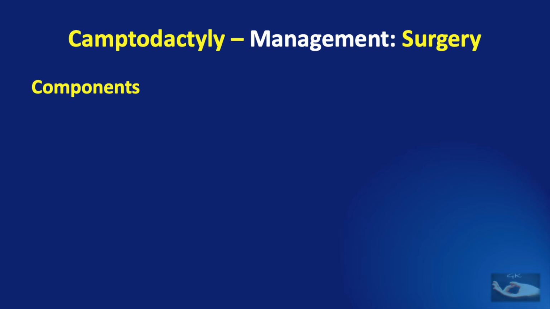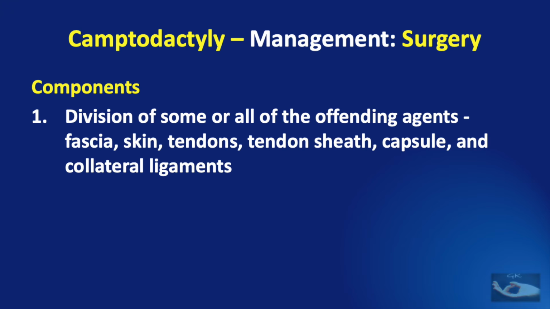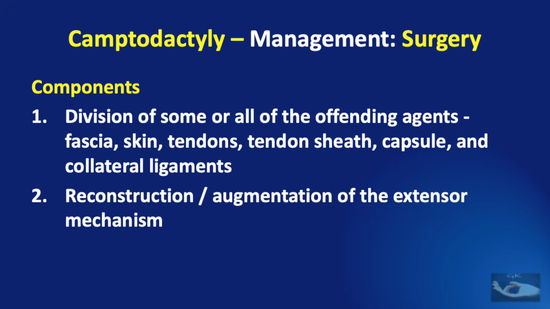Basically, there are three components for surgical management. The first is division of some or all of the offending agents, that is the fascia, skin, tendons, tendon sheath, capsule or collateral ligaments. Once these have been done, we need to do a reconstruction or augmentation of the extensor mechanism at the proximal interphalangeal joint, which can be done in the same sitting or in a different stage.